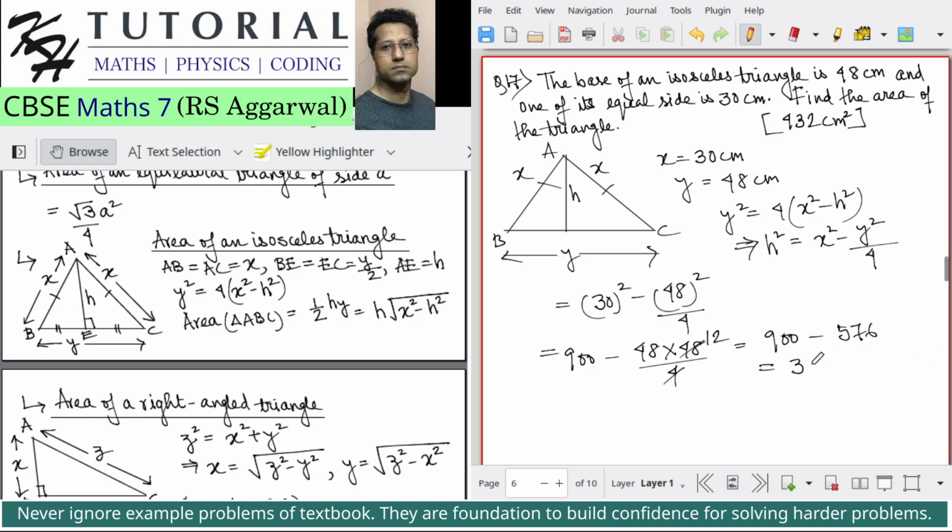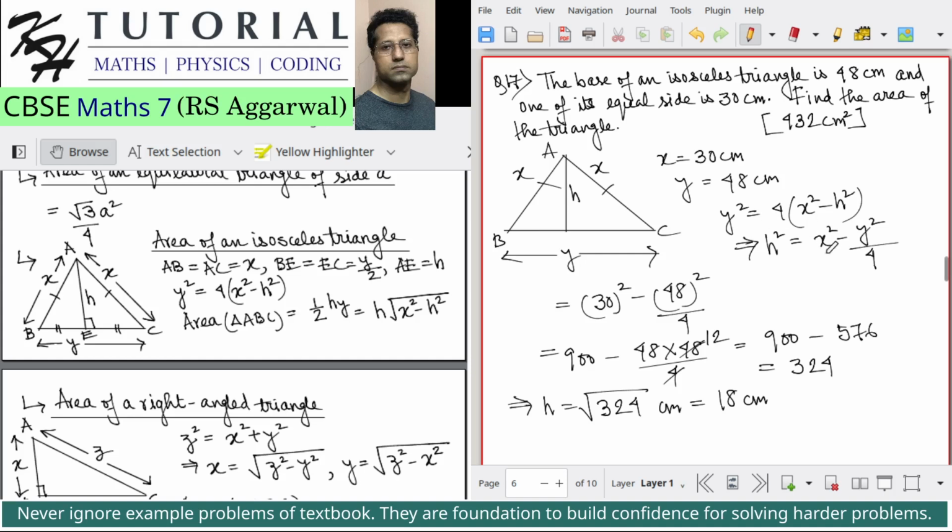So this is 324. So how much is h? h is square root of 324 centimeter. What is the square root of 324? It is 18. So h is 18 centimeter.